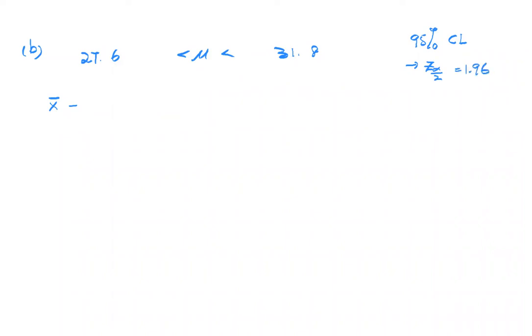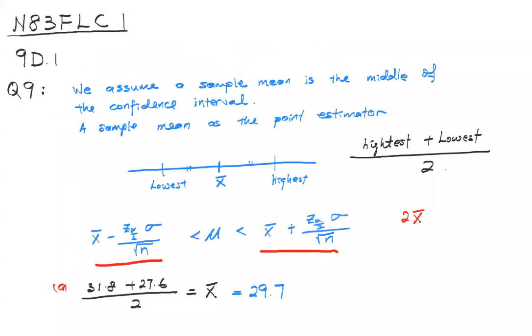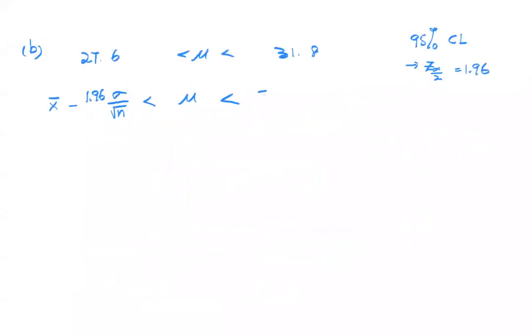Okay, so I will put down whatever value I have: 1.96 times standard deviation over square root of n. The sample mean I just got is 29.7, so I replace this with 29.7.